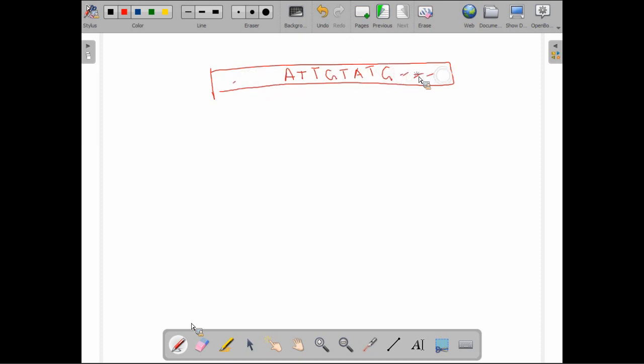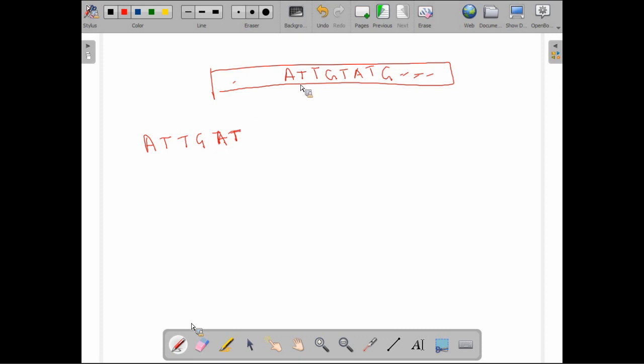Now think a little, and let's say the pattern that I have with me is A, T, T, G, T, AT. This is my pattern.